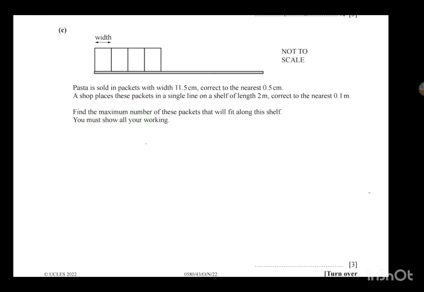So for finding out the number of packets, we have to divide the length of the shelf. Number of packets will be length of shelf divided by length of each packet.